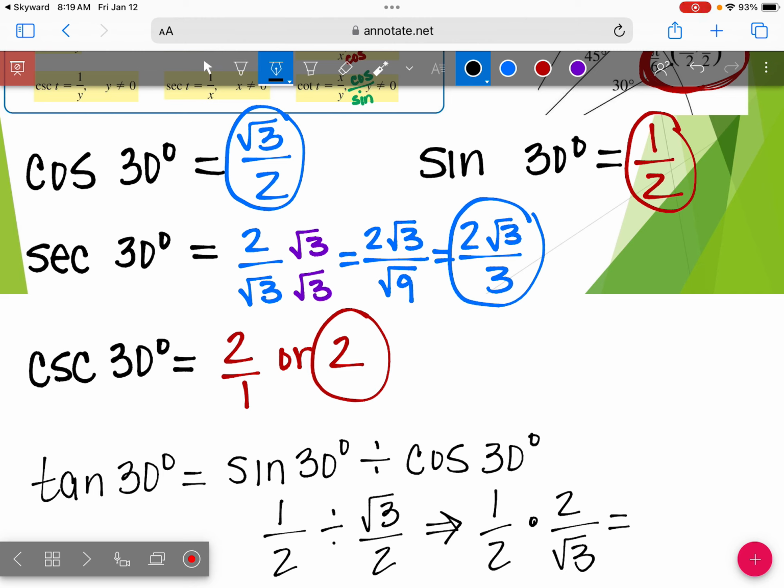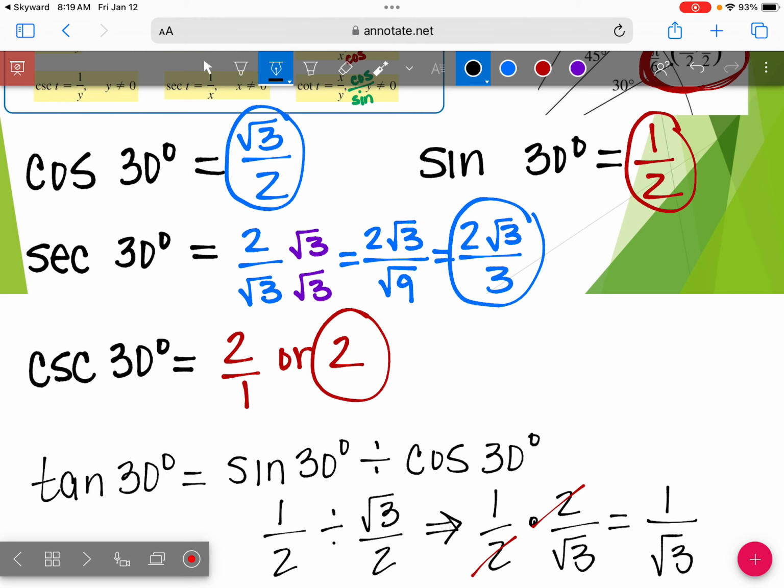All right, so what do we notice we can do here? What's going to cancel out? The 2's, good. So when we multiply straight across, we have a 1 over the square root of 3.